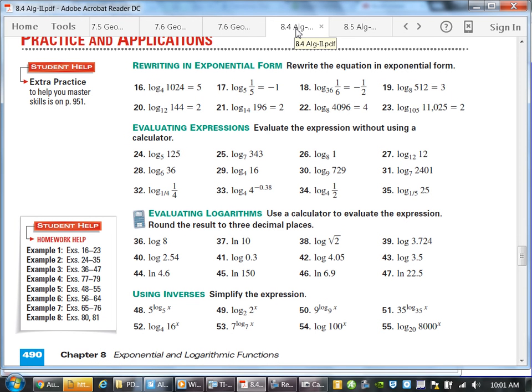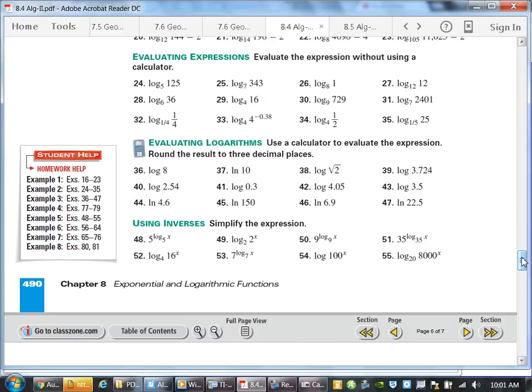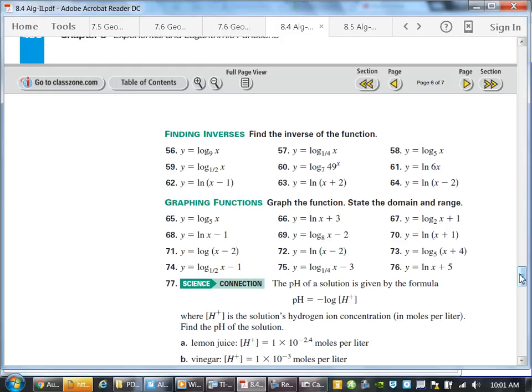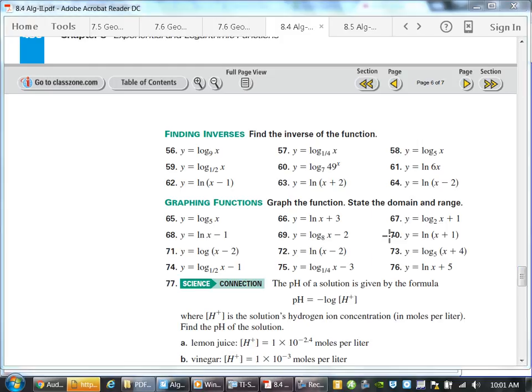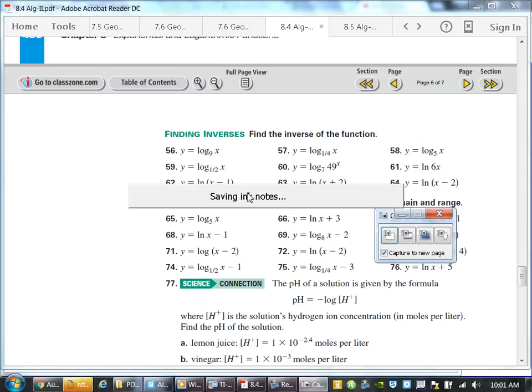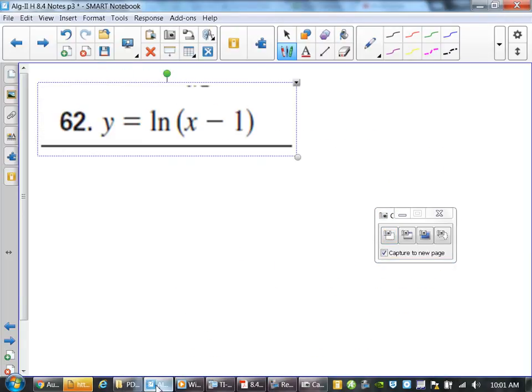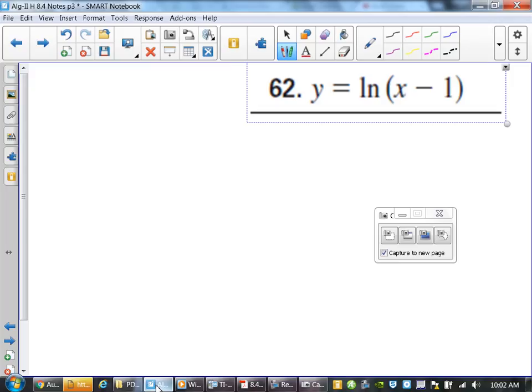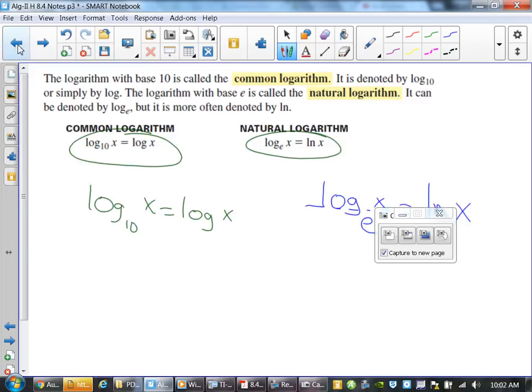Let's see what else. No, I don't want to do this one yet. I want to do the, where's my inverse sheet for that fast?